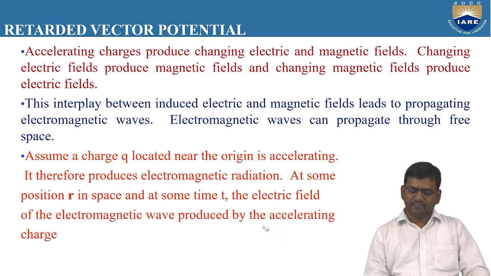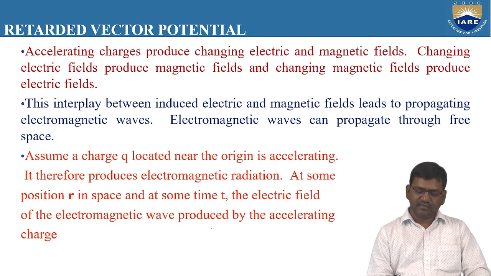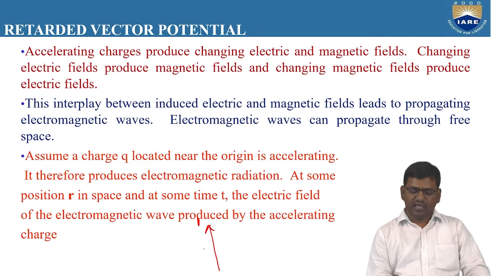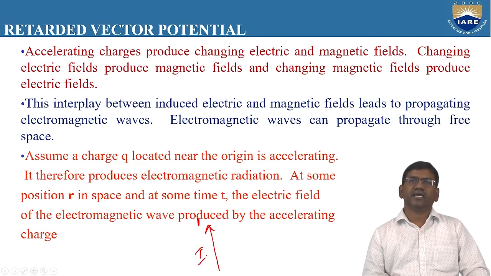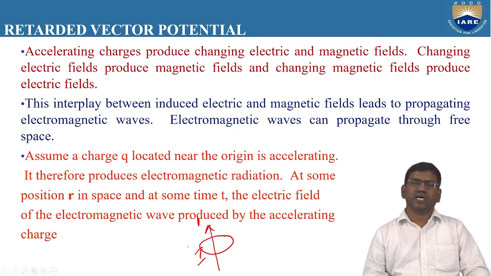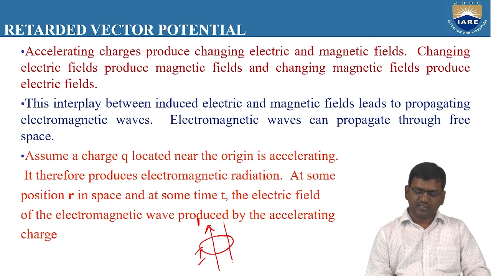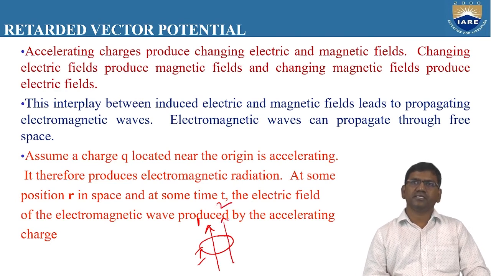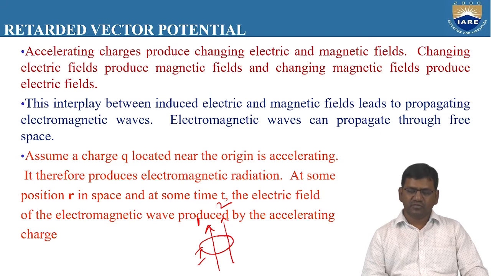I repeat again. Suppose there is a conductor here, and we apply a current I here. Some magnetic field is produced around the conductor. If you place another conductor in this zone, let us assume this as element 2 or conductor 2.